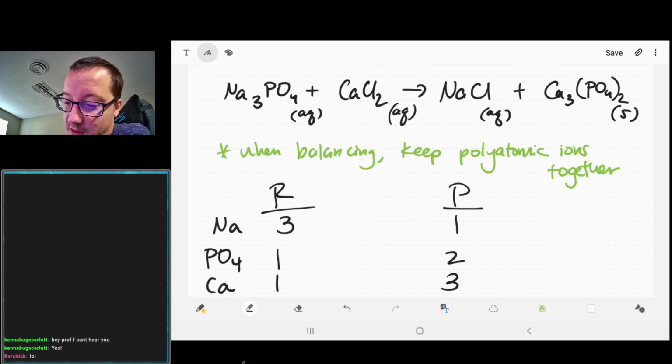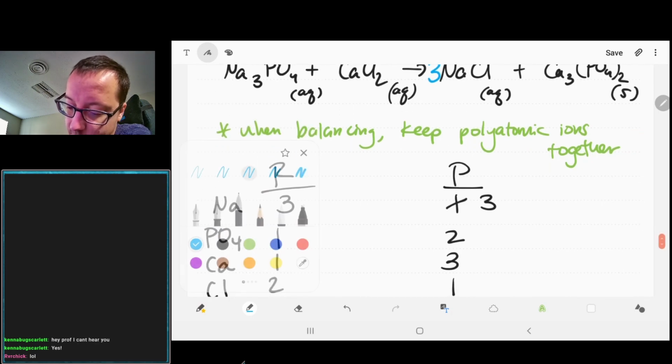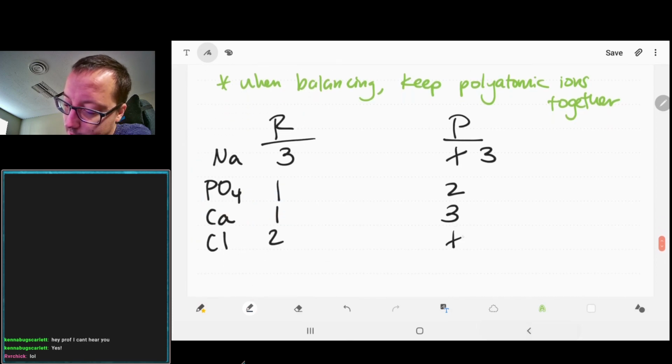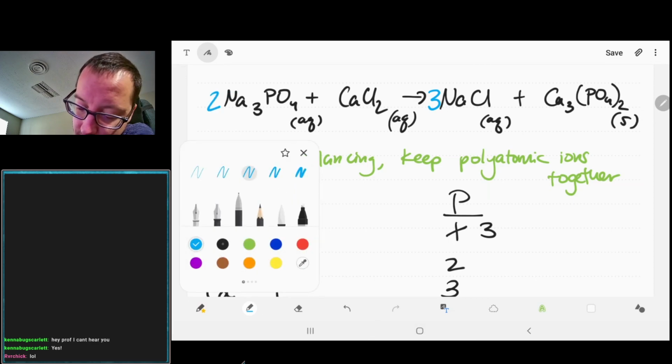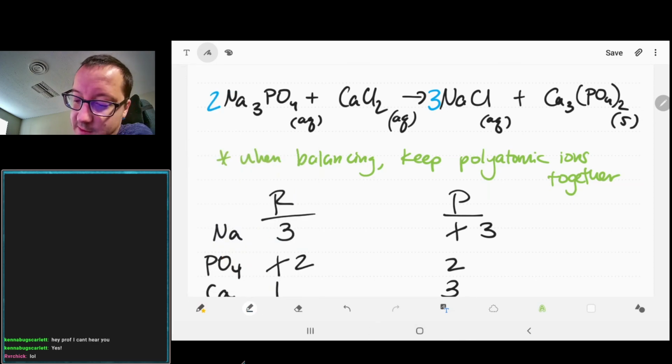If we want to make our sodium have 3 on the right, we can do that by putting a 3 in front of sodium chloride, which will also bump our chlorines to 3. I'm just going to keep going down the line. Next is phosphate. We have 1 on the left, 2 on the right, so we're going to need another phosphate here. That's going to bump our phosphates to 2, but it's going to bump our sodiums to 6.